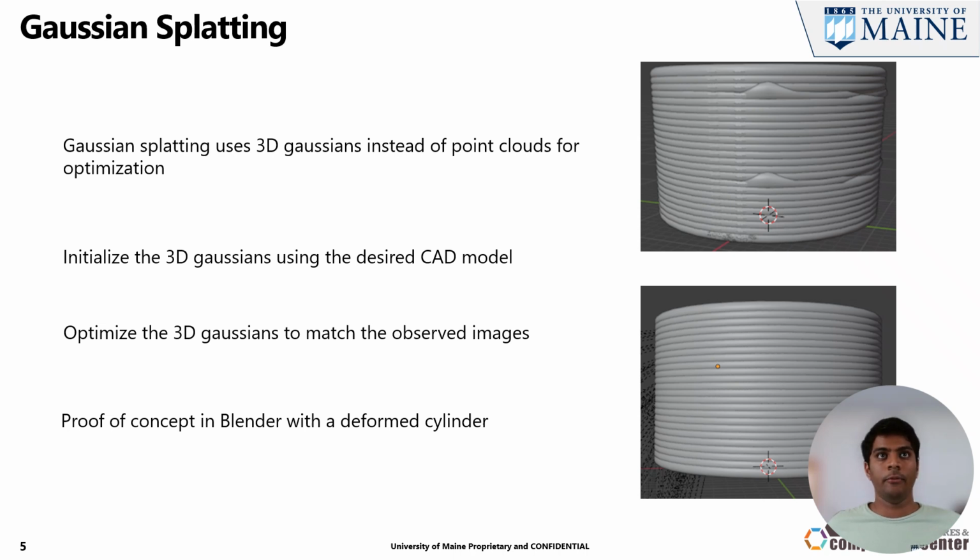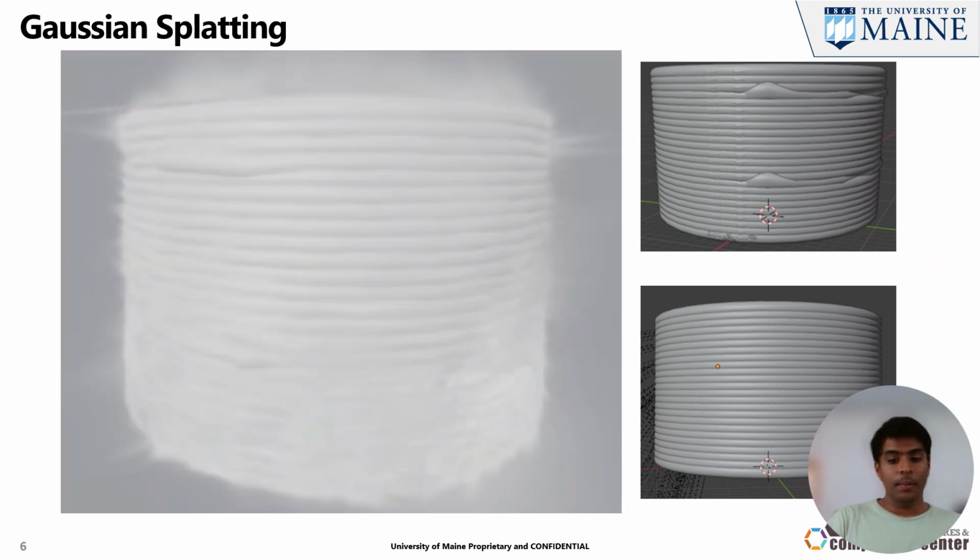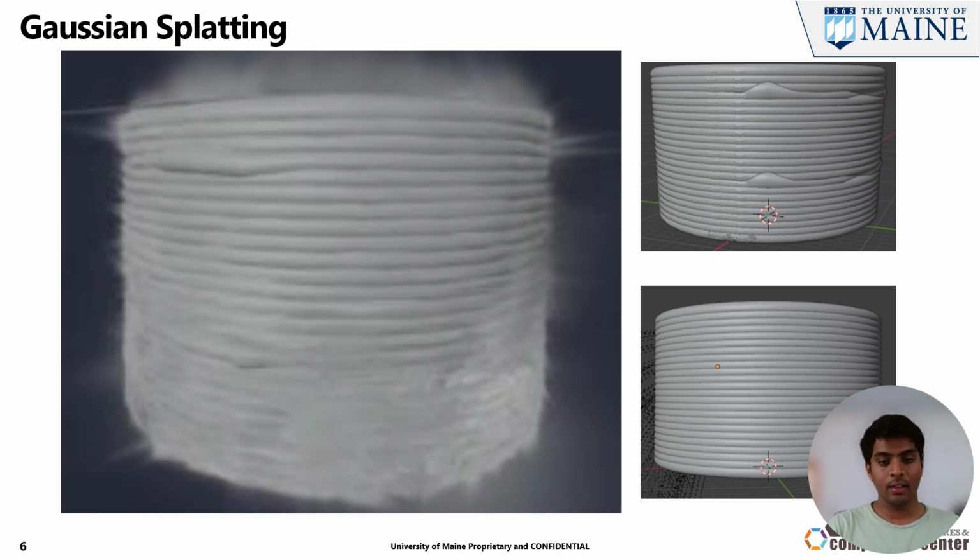So we initialize 3D Gaussians using the desired CAD model, and then optimize the 3D Gaussians to match the observed images. We did this as a proof of concept in Blender with a deformed cylinder and a real cylinder, but the results are not the greatest.